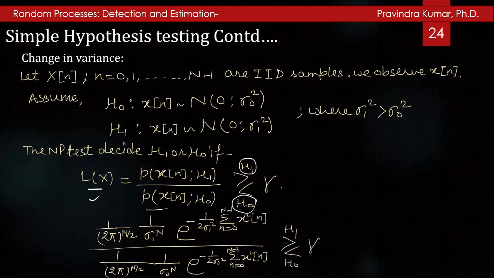So I can write the PDFs under hypothesis H1 and H0. We will get 1 upon (2 pi) to the power N by 2, 1 by sigma 1 to the power N, e to the power minus 1 by 2 sigma 1 square summation n 0 to N minus 1 x square[n], divided by 1 upon (2 pi) to the power N by 2, 1 by sigma naught to the power N, e to the power minus 1 by 2 sigma naught square summation n 0 to N minus 1 x square[n], greater than or less than the threshold value gamma.